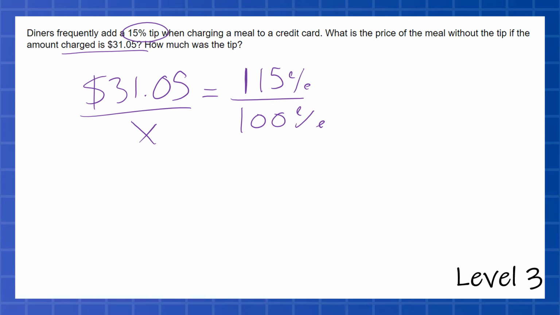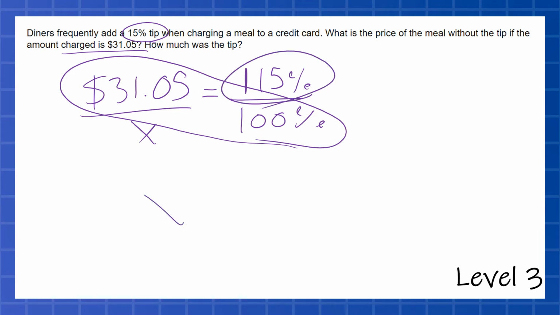Now when we set this up and solve, we're going to cross multiply and divide. And when we do that, I got $27 even. So my answer is $27.